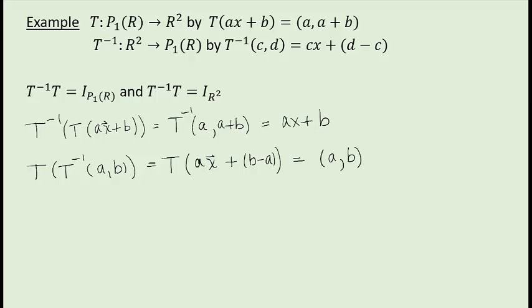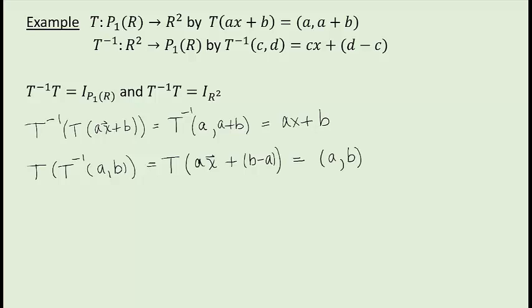Here's a very simple example. T is a linear transformation taking the vector space of polynomials of degree 1 or less to R2 by T of AX plus B is the ordered pair A, A plus B. In that case, T inverse, you could work this out yourself, would take R2 to the space of polynomials.